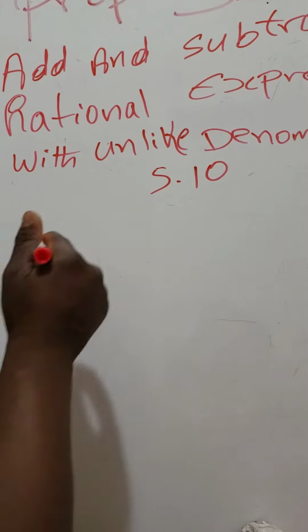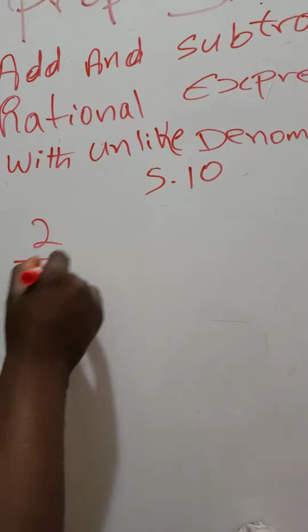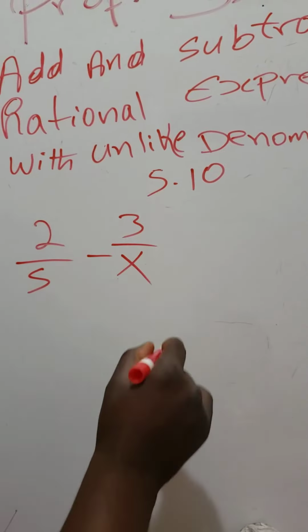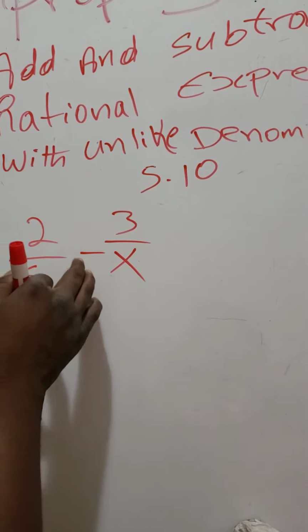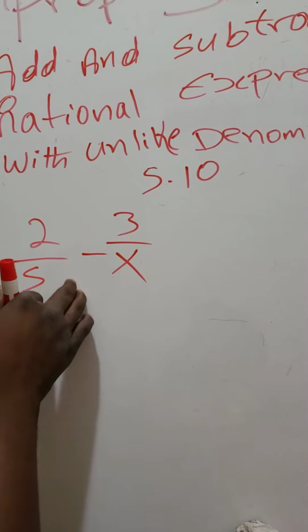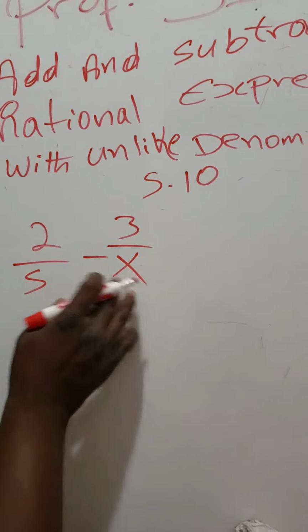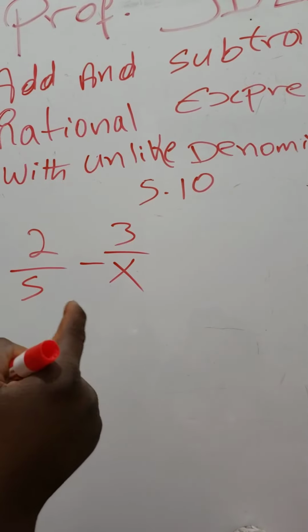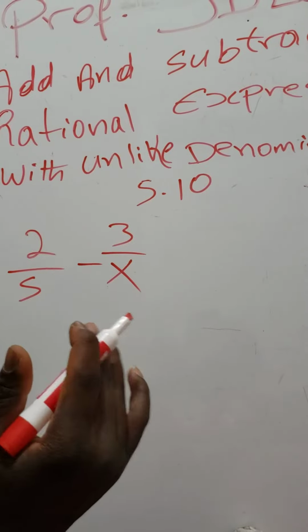So here's an example. If we have 2 over 5 minus 3 over x, we're going to have to find the common denominator here. One of the easy ways you could do it is to just multiply your denominators, but sometimes you may want to go through the factor tree so you can find the LCD if you have big numbers.